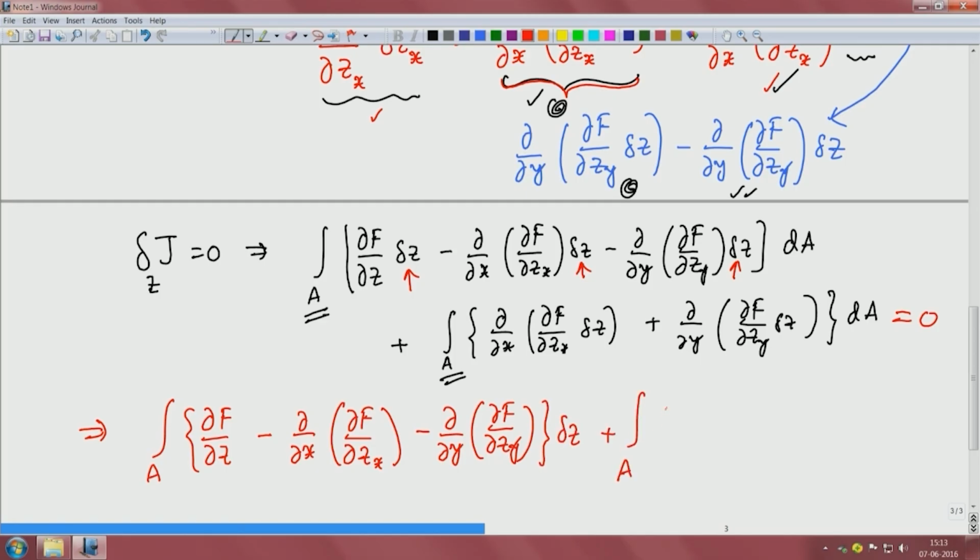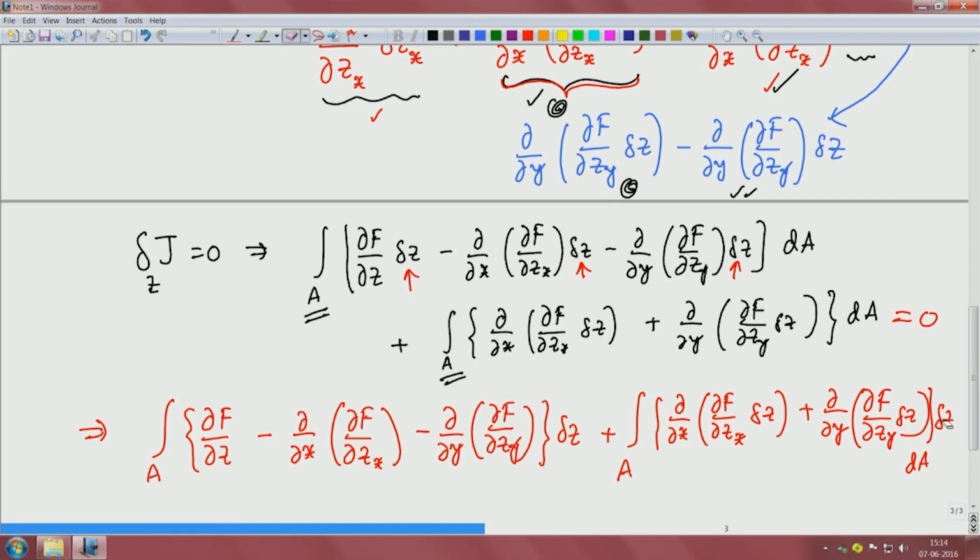The second part is the integral of dou by dou x of dou f by dou z x delta z plus dou by dou y of dou f by dou z y delta z dA. Oh, sorry, this delta z is not there. Okay, this is simply dA is equal to 0.